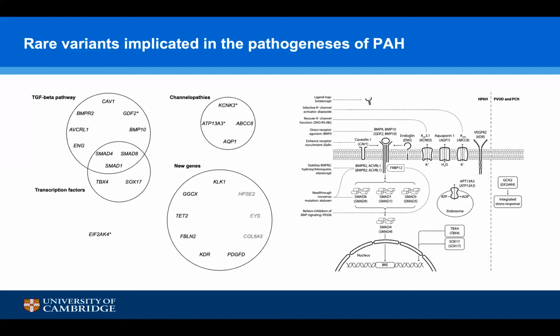Another big group are transcription factors, with TBX4 and SOX17 being responsible for a significant fraction of cases, especially in the pediatric population or young adults. The third group are channelopathies, represented by at least 4 genes, and there are a number of new genes discovered over the last 2 years through international collaboration.